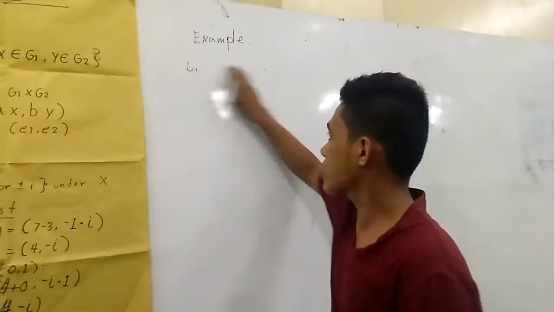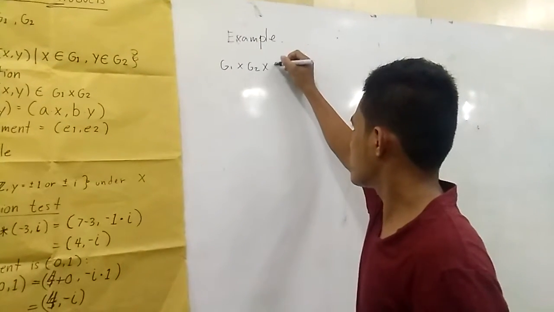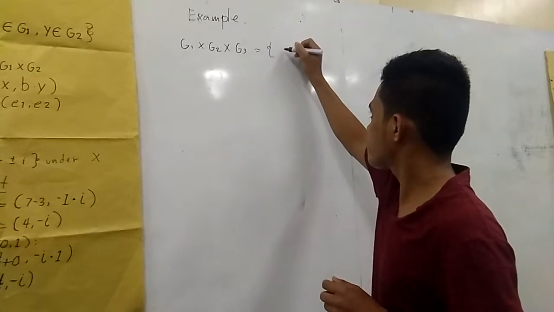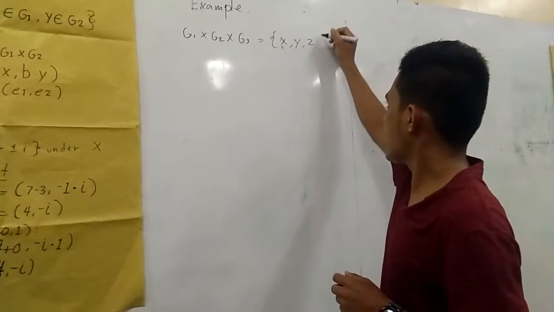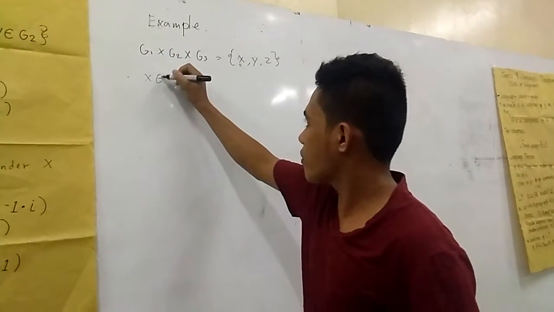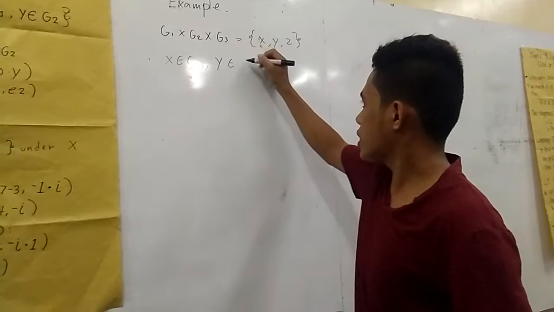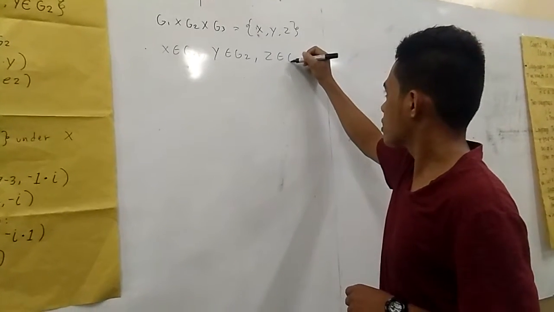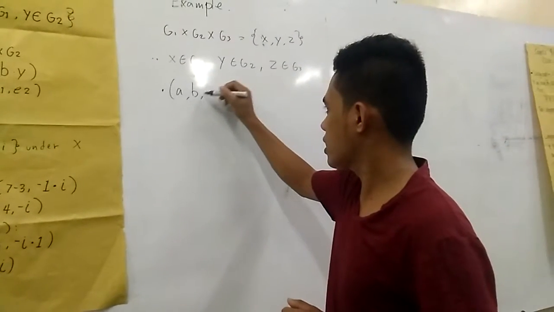Suppose we have three groups, G1, G2, and G3. Let the elements be (x, y, z), where x is an element of G1, y is an element of G2, and z is an element of G3.